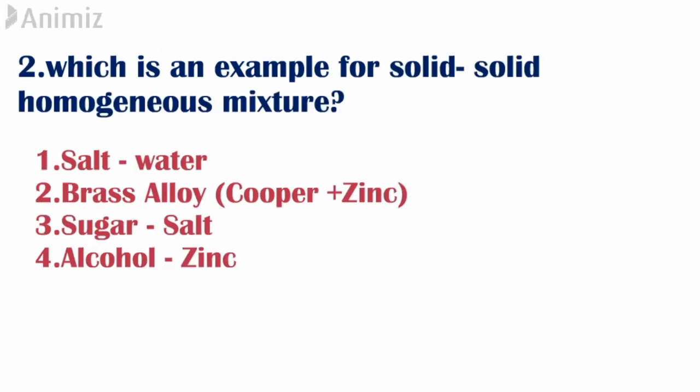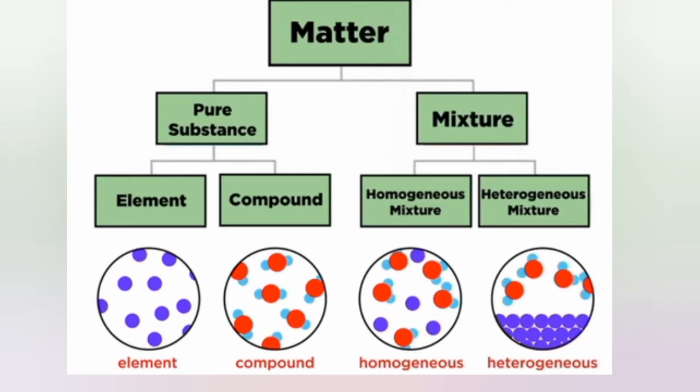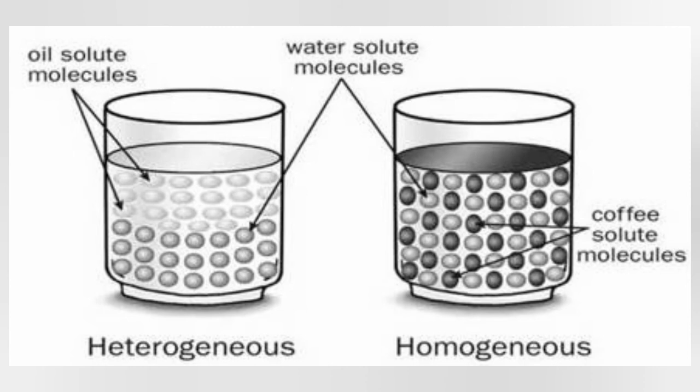Then the second question, which is an example for solid-solid homogeneous mixture? You have learned that mixtures can be homogeneous or heterogeneous. In a homogeneous mixture, you can't distinguish two separate components. For example, if you consider a coffee, you couldn't separate coffee powder and the water solution separately.